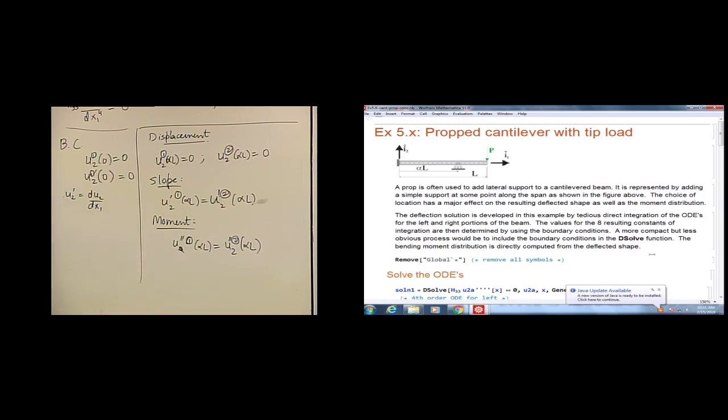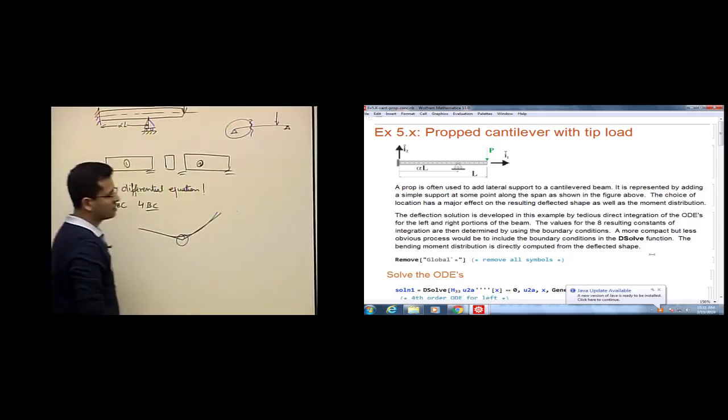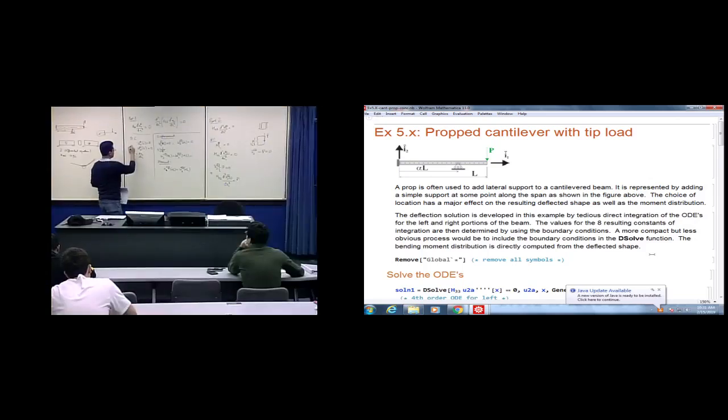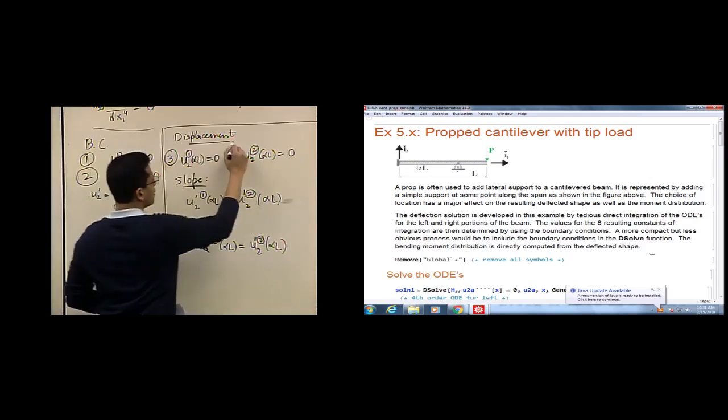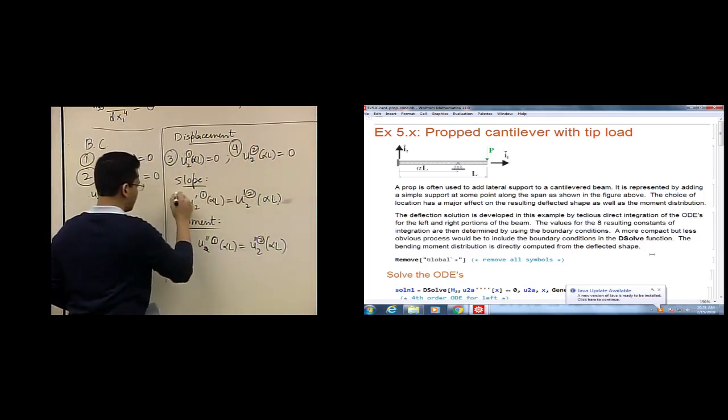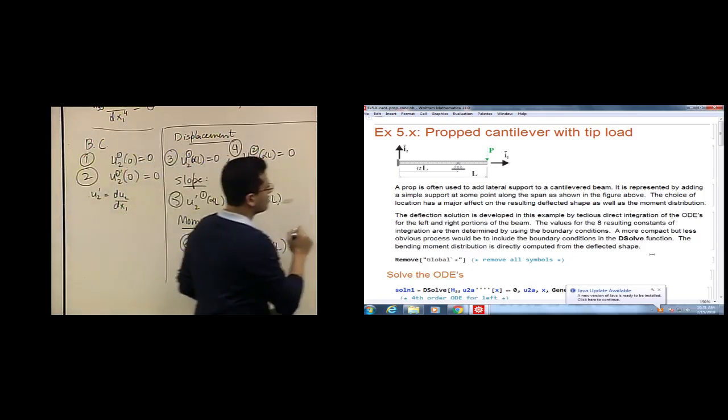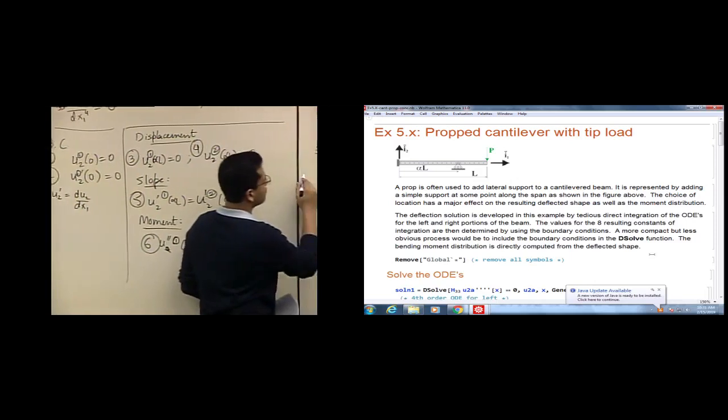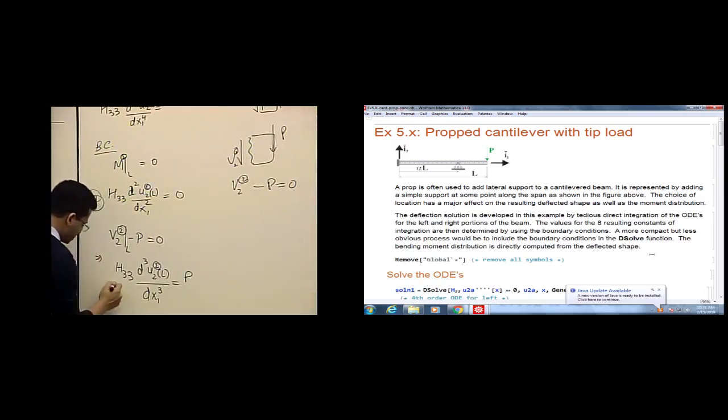Okay. So how many equations did I need? 4 and 4, so 8 equations. I have 2 here, then third, fourth, fifth, sixth, seventh, and eighth. So this is a complete system.